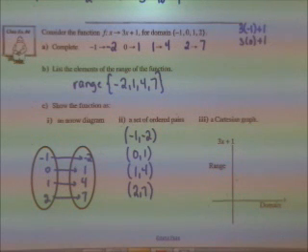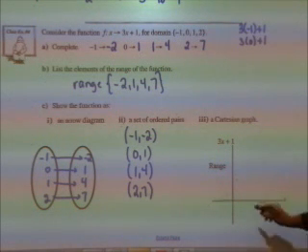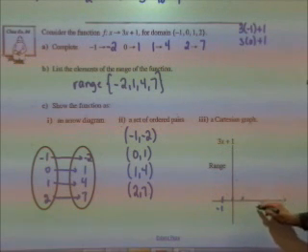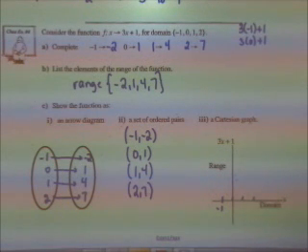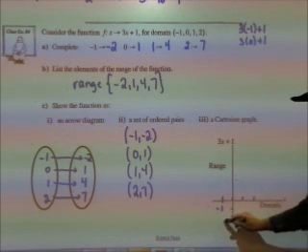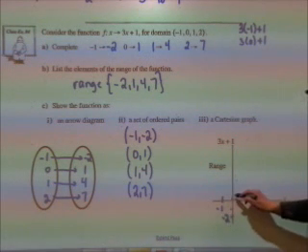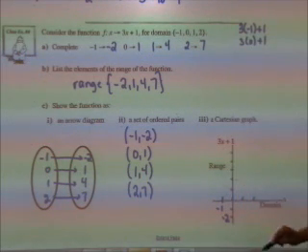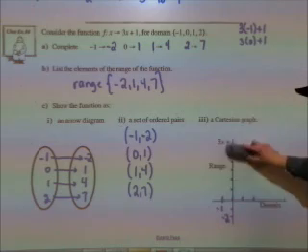Then if I graph this, I'd have -1, 0, 1, and 2. And then I need, so there's -2, 1, 2, 3, 4, 5. I need that smaller.